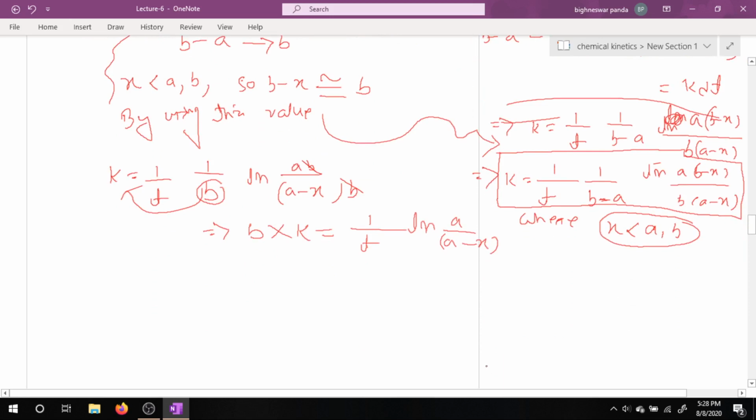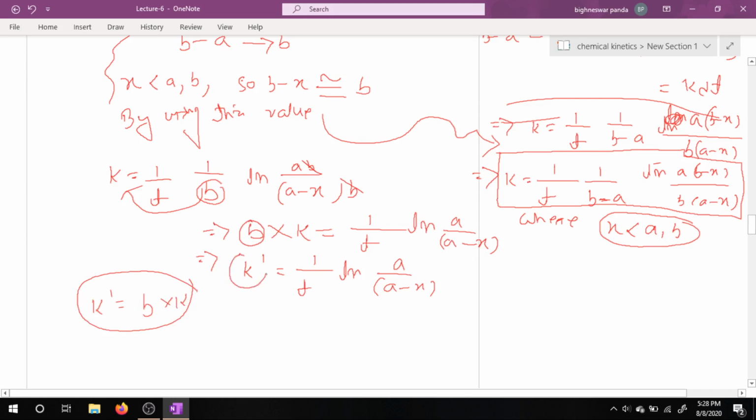And b into k is another constant, since b is very greater than a, b is constant. That other constant, k dash, is equal to 1 by t ln a by a minus x, where k dash is equal to b into k.